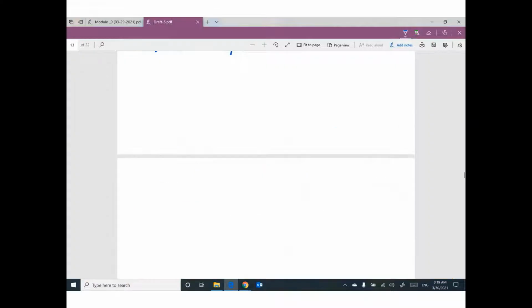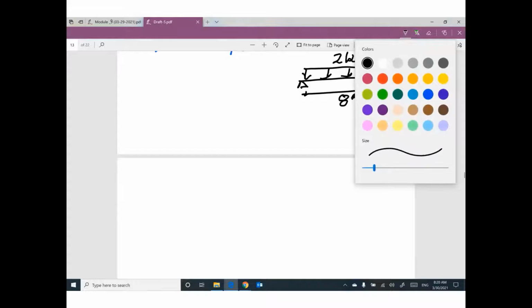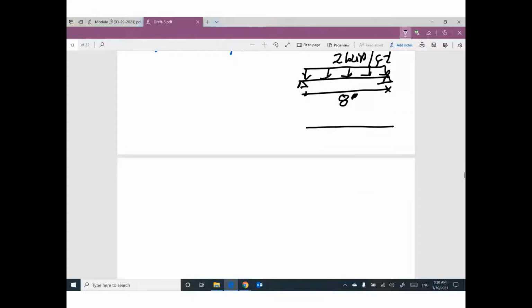For example, if you have beam with length 8 feet and you have uniform distributed load, the value is 2 kip per foot, your bending moment diagram looks like this. Parabola, concave up.